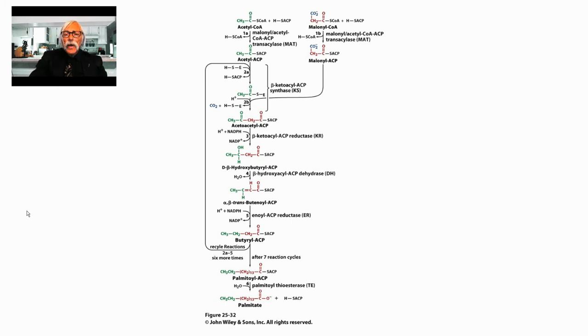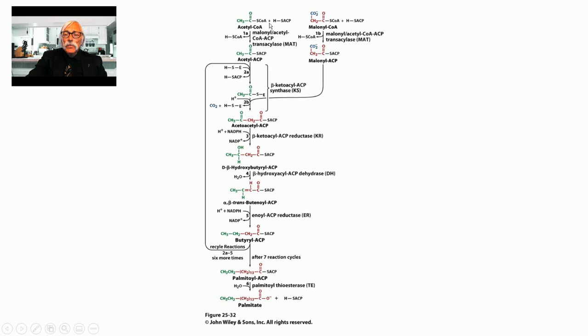Let's go through fatty acid synthesis. So here's this acetyl-CoA, and we know where that comes from in the cytoplasm, which I showed you, ATP citrate lyase. And it's going to react with the reduced acyl carrier protein embedded in the fatty acid synthase polyprotein in the cytoplasm. So this reaction here, acetyl-CoA and ACP, it's going to be the acetyl-CoA ACP transacylase.